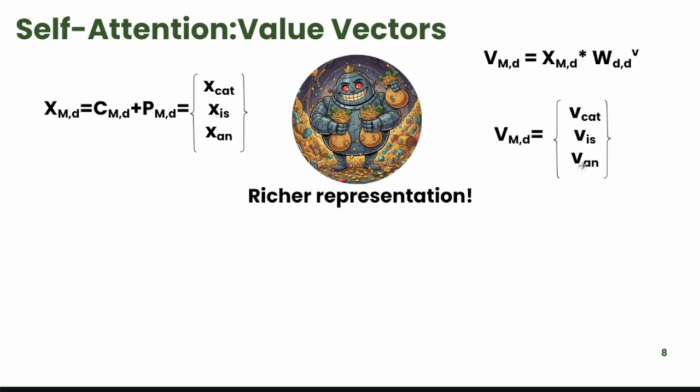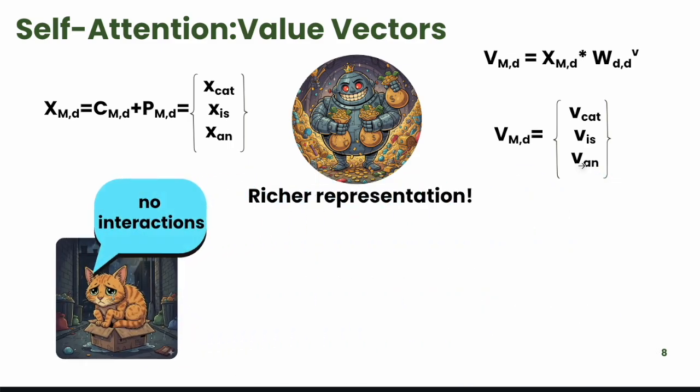But one thing that is quite clear from the computation of the value vectors is that we haven't made any of the words in the sequence interact with each other, right? There have been no interactions between the word cat and the word is and the word an, and so on. Obviously, this is a great limitation to what we have done so far.